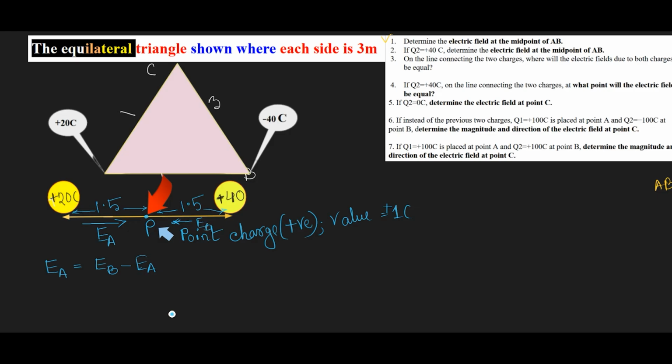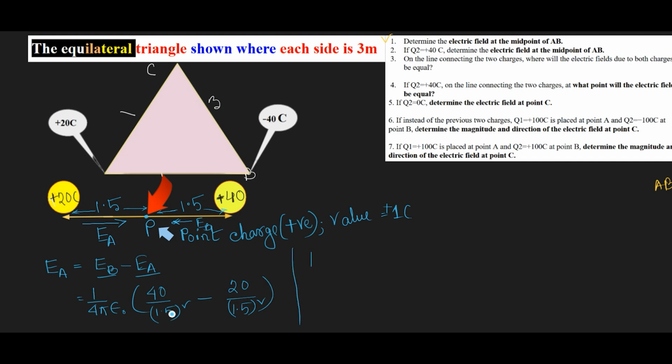Okay. So we know for both of the electric fields, 1 over 4 pi epsilon naught is common, and obviously here for B, 40 over 1.5 whole square minus 21 over 1.5 whole square.